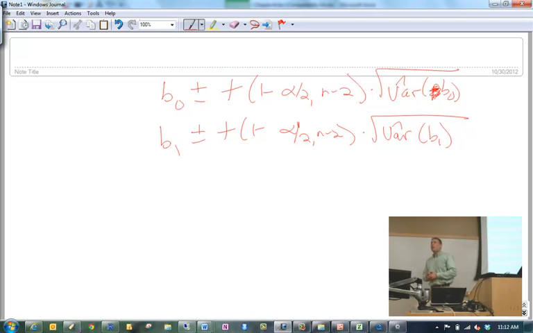Each of these is at the level of 1 minus alpha times 100% confidence. But the confidence level that both these intervals work at is not 1 minus alpha times 100%. So what did we do to control the family-wise confidence level? Divide alpha by G, the number of intervals. In this case, it just happens to be 2. That's called a Bonferroni correction or Bonferroni adjustment.